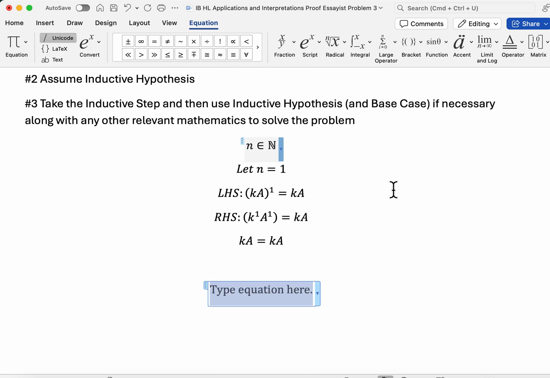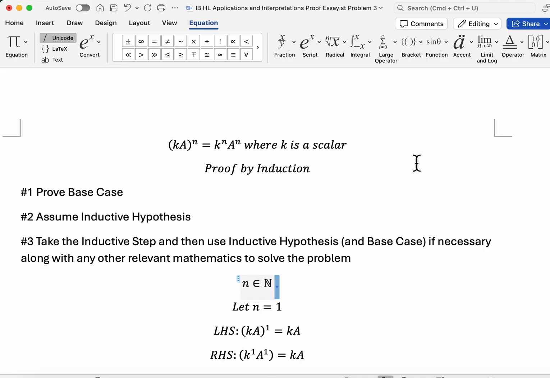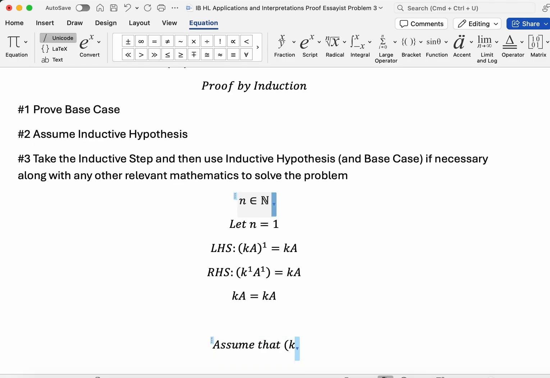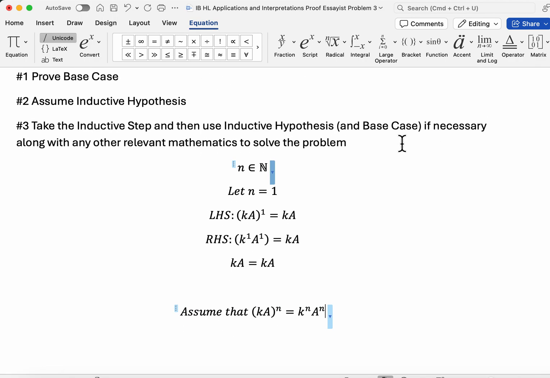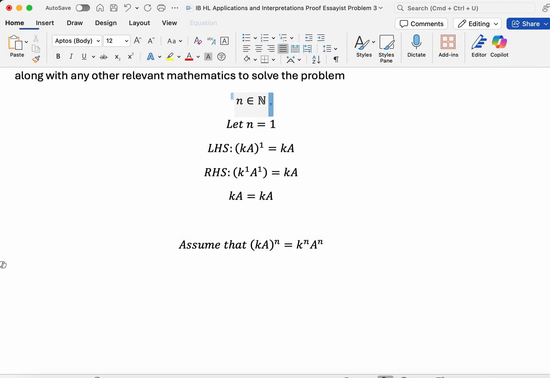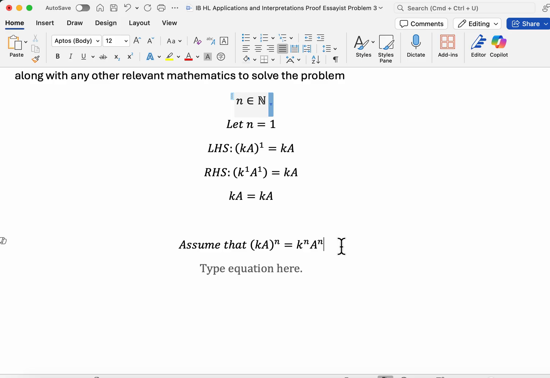Now we assume the inductive step. Assume that Ka to the n equals k to the n, a to the n. This is our inductive hypothesis.